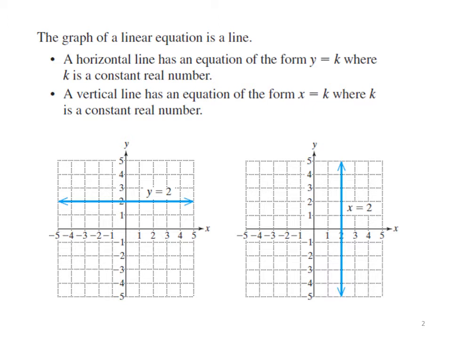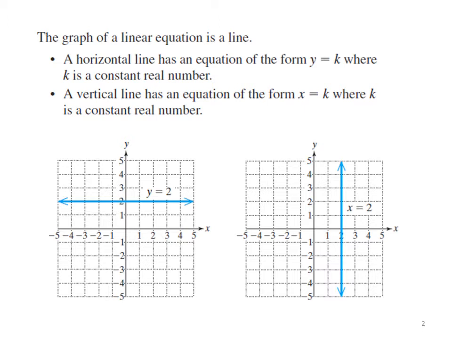The graph to the left is a graph of a line that has the equation y equals 2. In this line, the y value stays fixed at 2. The x value varies, but for any x, the y value will equal 2. Here is an example of a horizontal line.